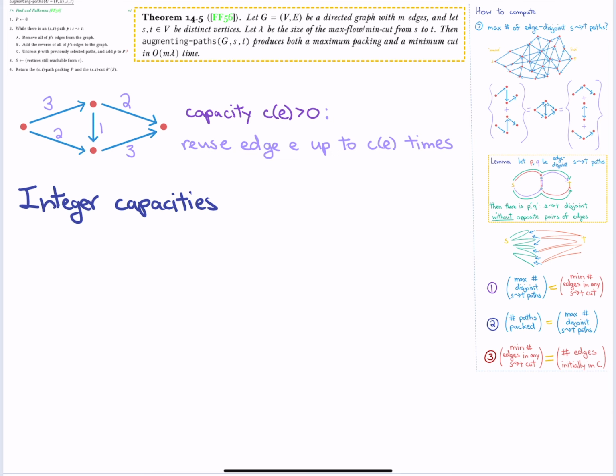I'm going to start with integer capacities. I want you to try to guess this: how can I argue, for integer capacities, that I have this really nice equality that we got last time? I want to do it in a slicker way than coming up with a whole other algorithm and going through that relatively elaborate proof. I want to reduce to what we did last time. Yeah, the simplest thing we can do is duplicate edges.